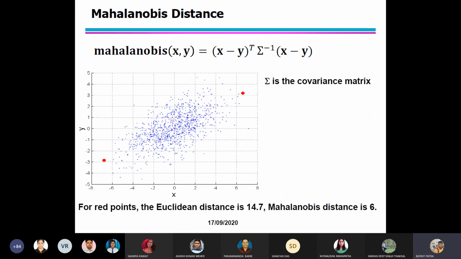Okay. So there is one related distance computation called the Mahalanobis distance. I don't know whether you have heard the name Mahalanobis or not. P.C. Mahalanobis is Indian and he is the founder of the Indian Statistical Institute, Kolkata. He founded this institute long back in 1932.